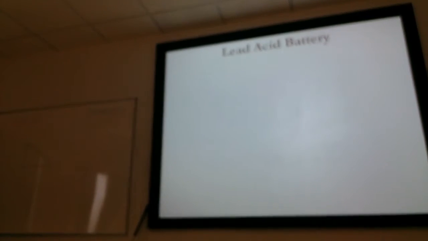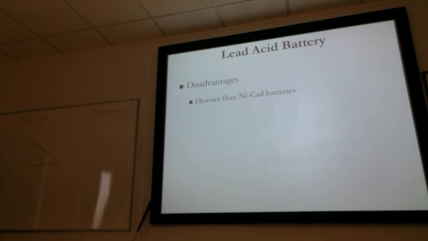Disadvantages of a lead acid battery. Well, a bit of a clue, lead, it's heavy, certainly heavier than NiCad batteries. Another clue, acid. Acid is corrosive. If the casing should split, and they do if they cook off, then you're going to have acid all over your aircraft, which is probably not a great idea.